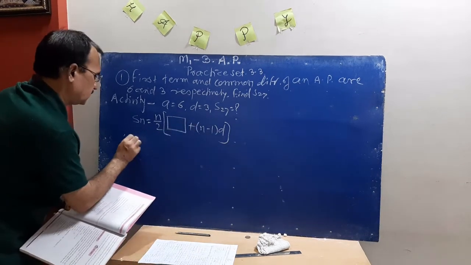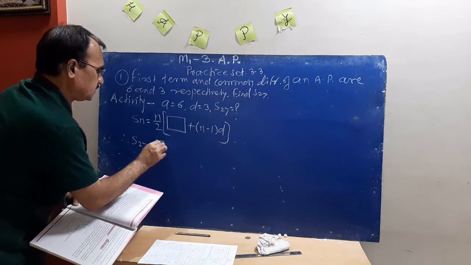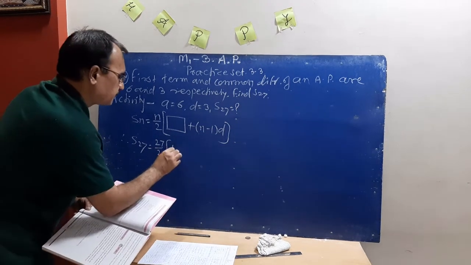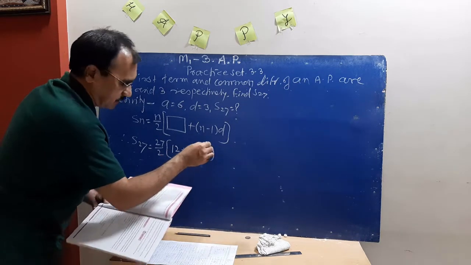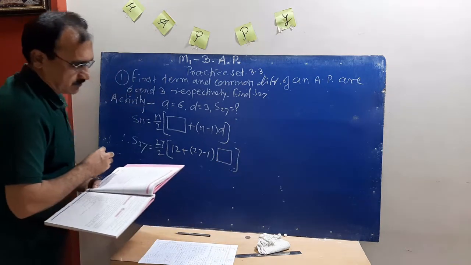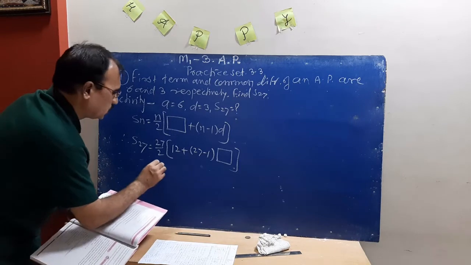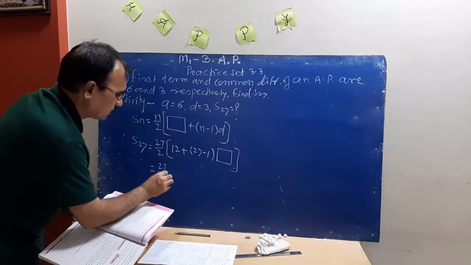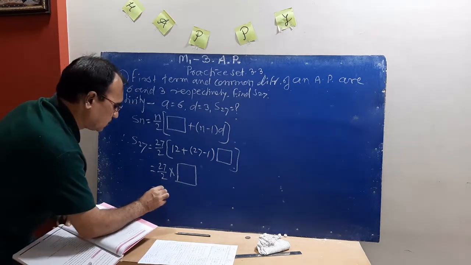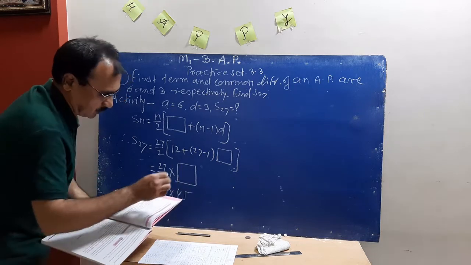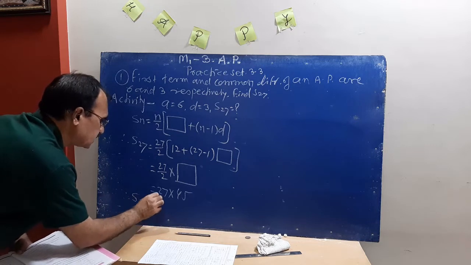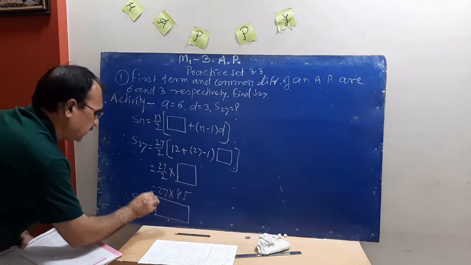Now S27 is equal to 27 upon 2 in bracket 12 plus (27 minus 1) into box, bracket complete, is equal to 27 upon 2 into bracket, is equal to 27 into 45, and now the last one, S27 is equal to empty box.